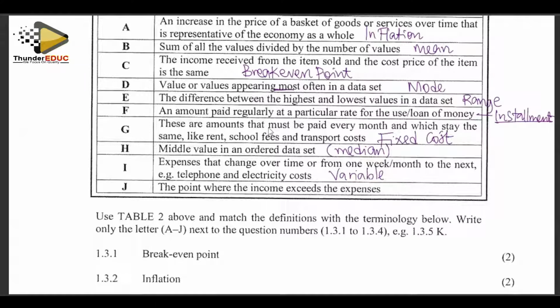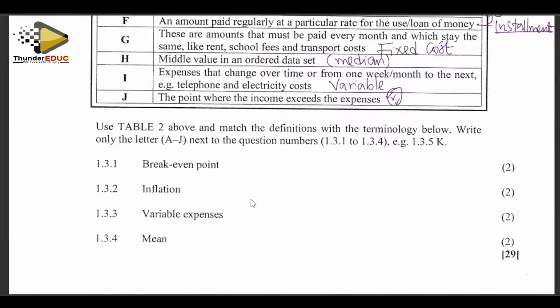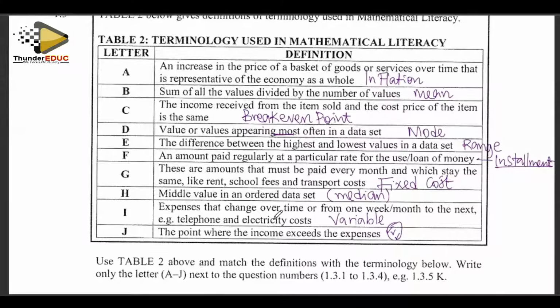Variable costs, they keep changing. And the point where income exceeds expenses. This one could also be in there, but anyway, it's fine. Where income exceeds expenses. Okay, break-even point, we've seen it.